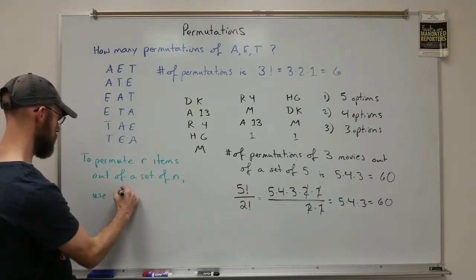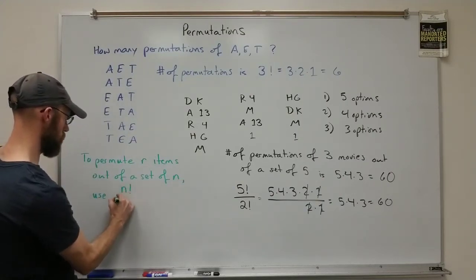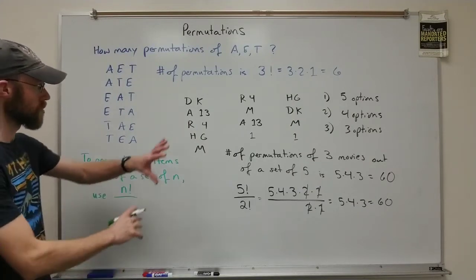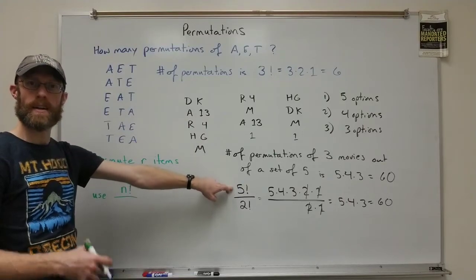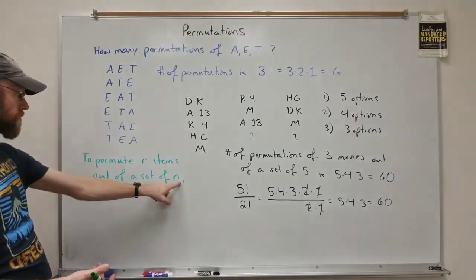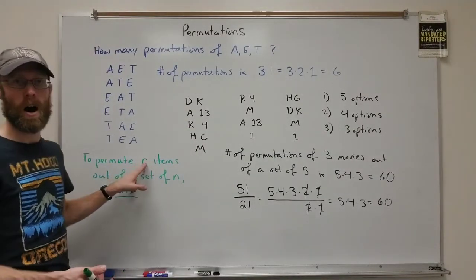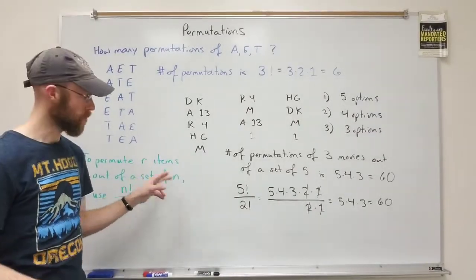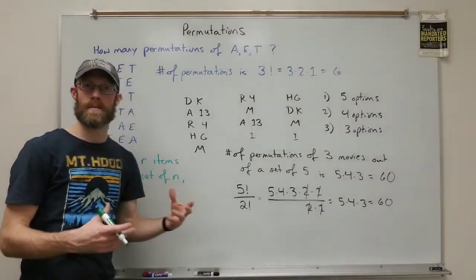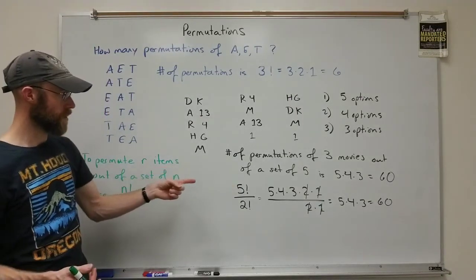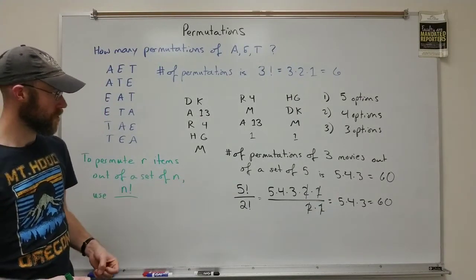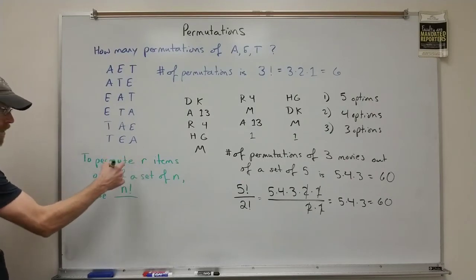Use n factorial over, so n is the total number in the set, right? So here I've got 5 movies, that's my n. That's a set of 5, but I'm only permuting r of them, which would be 3. Well, how do I get the 2 on the bottom? I find the difference between the 5 and the 3, right? So it's the difference between n and r.